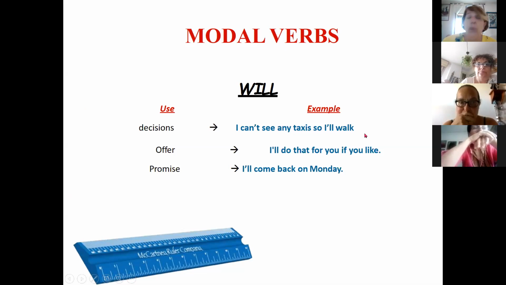Do you remember when we made the table of the futures with will, we had the instant decision that was will, like here, the first example. Offer. I'll do that if you like. For you, if you like. Offer. I offer my help to you. Or promise. I'll come back on Monday.